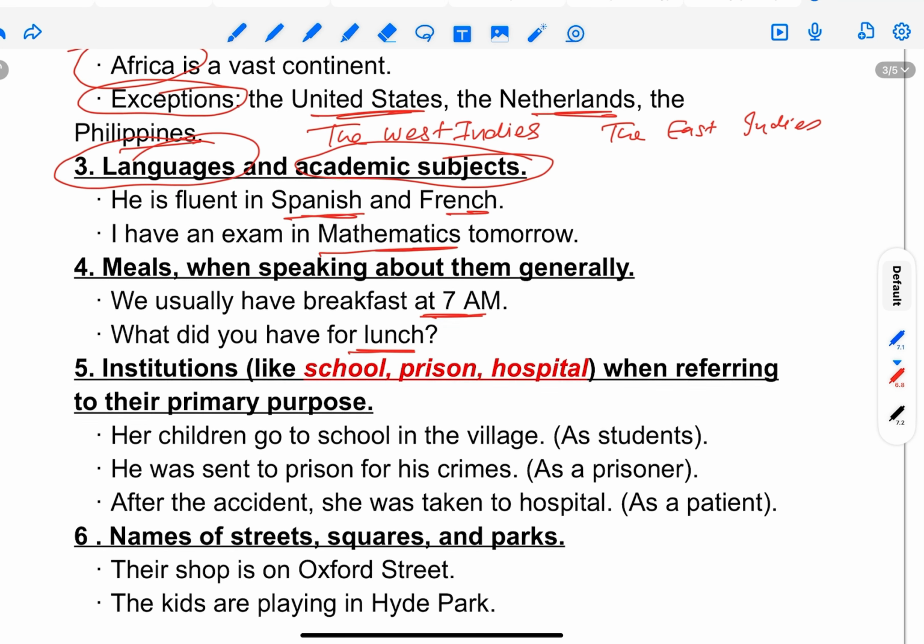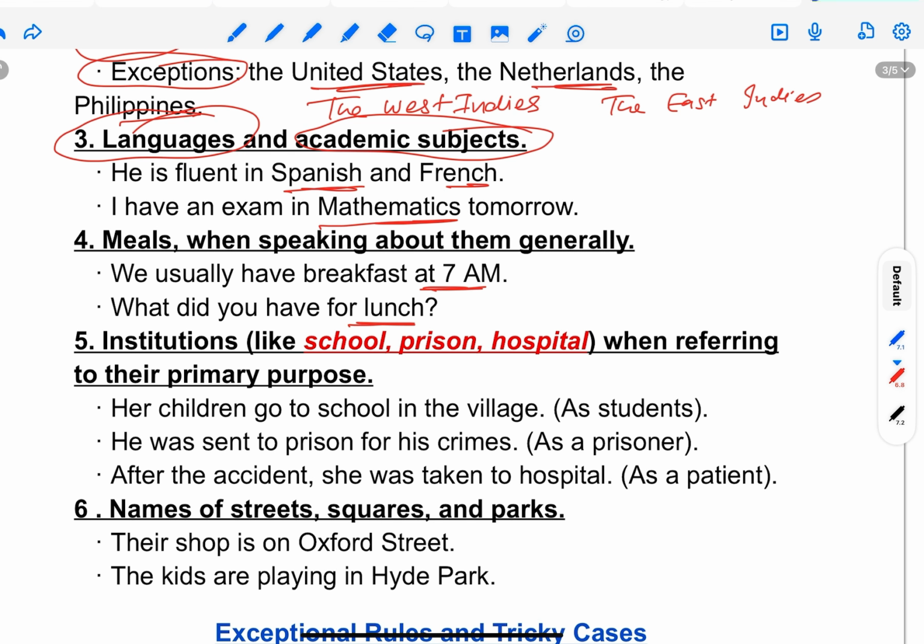Institutions like school, prison, hospital, when referring to the primary purpose. Generally, before school, jail, or prison, we don't use the article when it refers to the primary purpose. For example, "Her children go to school in the village." As children, generally they go to school. This is the purpose.